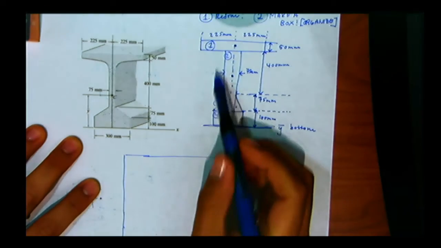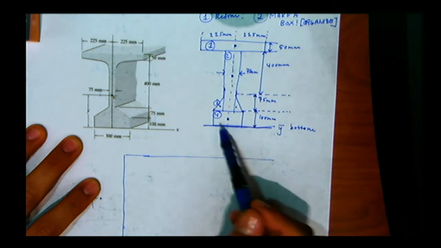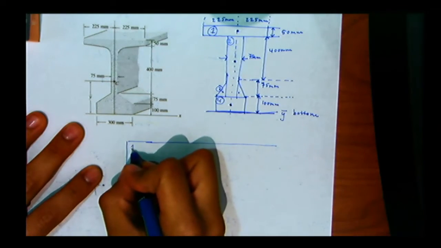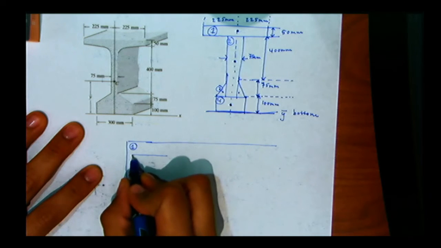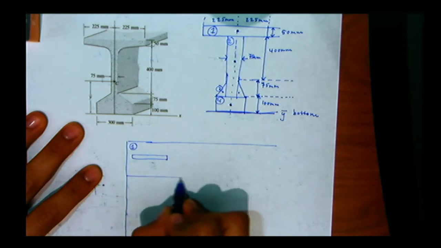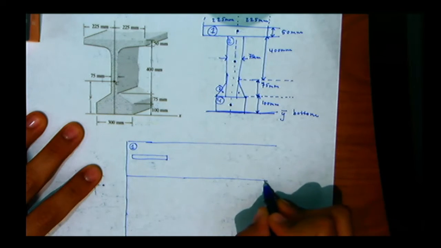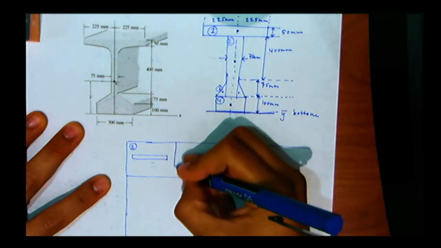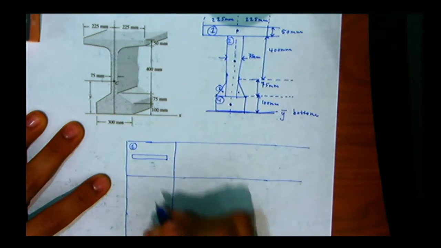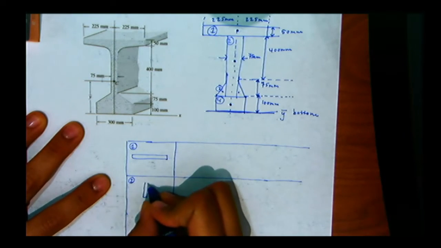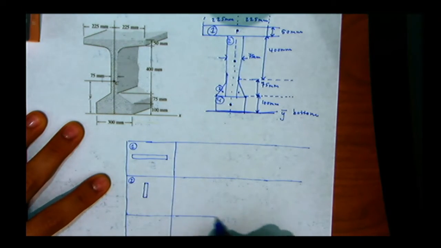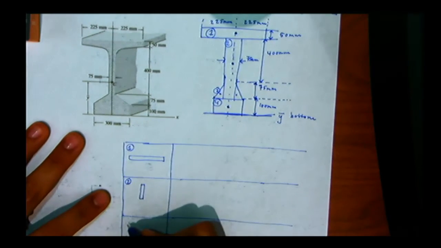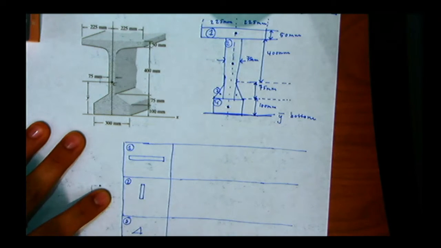So for shape 1, it's going to have a row. Here we're going to have shape 2, shape 3, four.